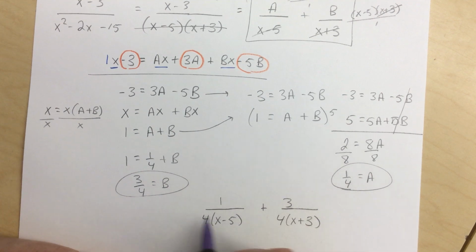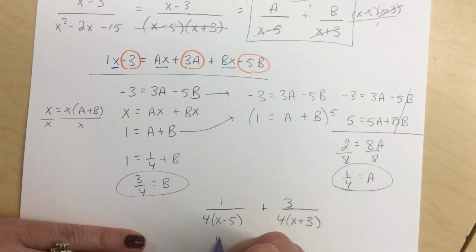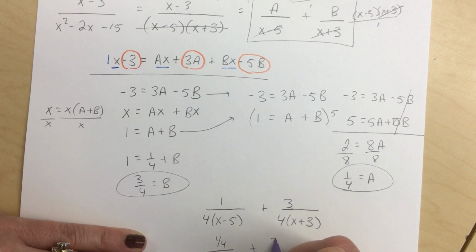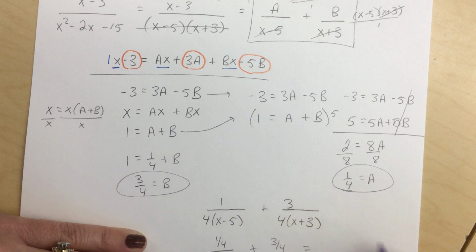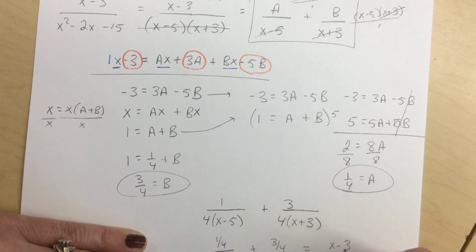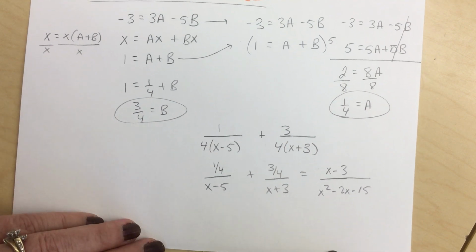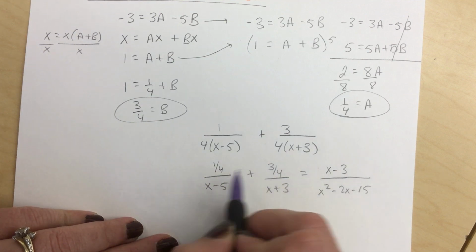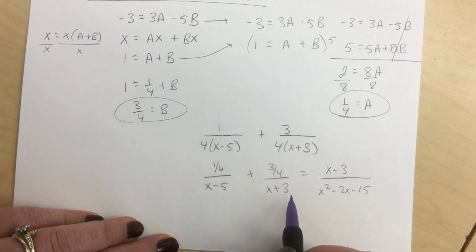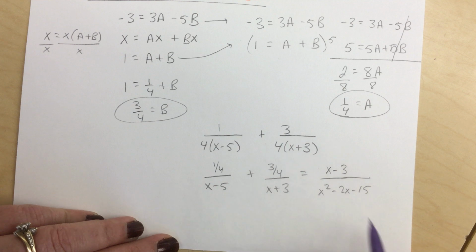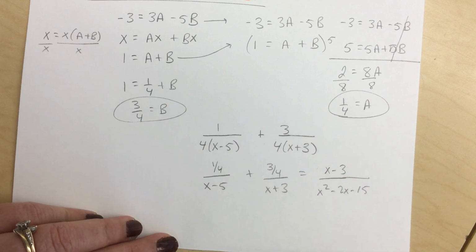If you want to have the 4 up on top, you could say 1/4 over x minus 5 plus 3/4 over x plus 3. And that equals our original problem, x minus 3 over x squared minus 2x minus 15. So we found the numbers that would go in these fractions so that when we added them together, we would get x minus 3 on top.